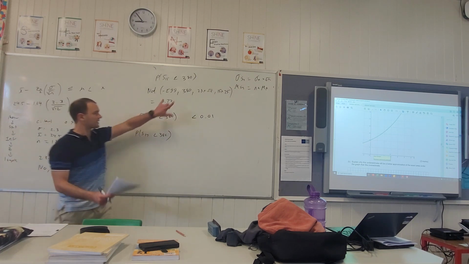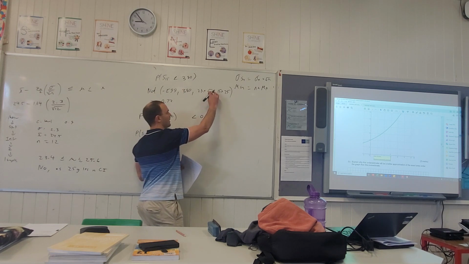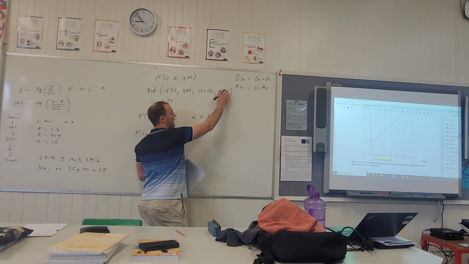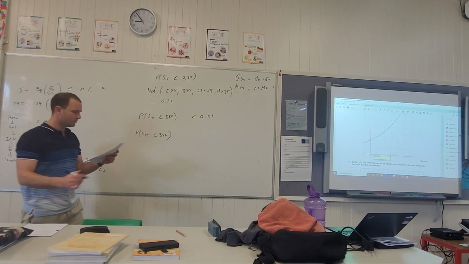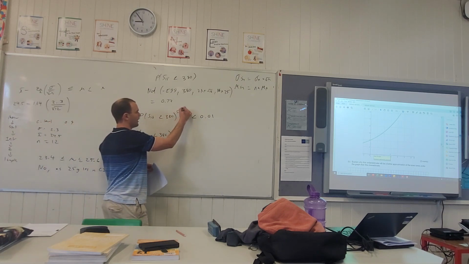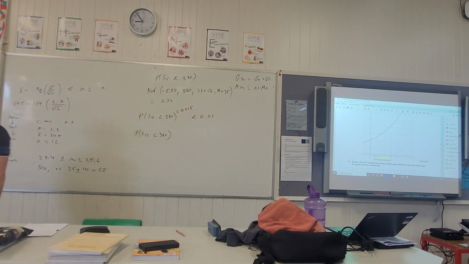Alright, but it's not the same calculation, right? You have to change these. What are we changing? You're changing this number. So that's going to be 16 and 16. And if you do it for 16, I got 0.015. Alright, so that's very close.